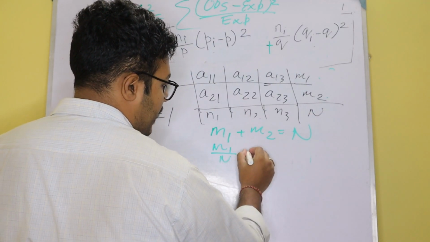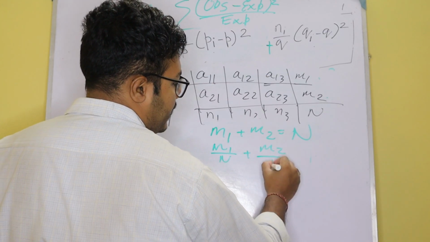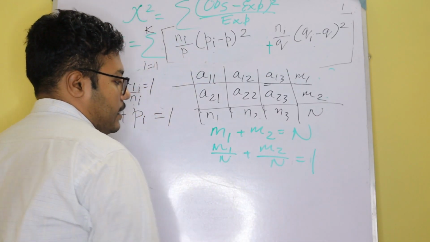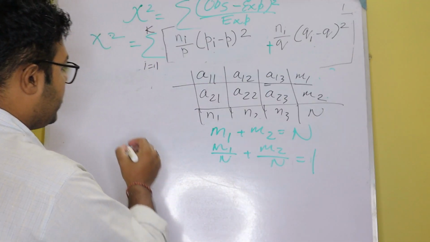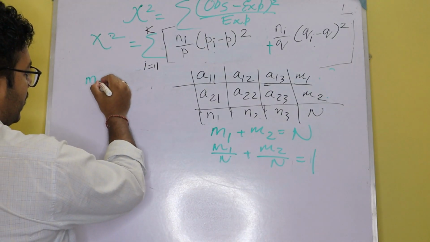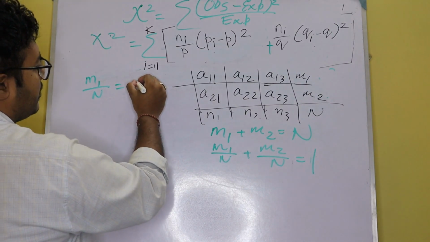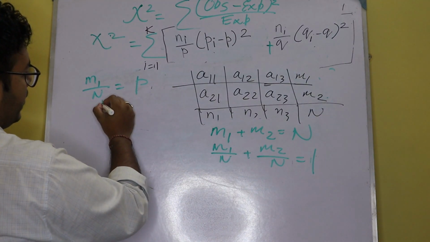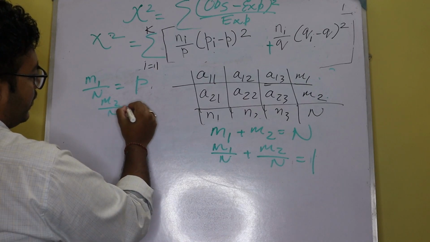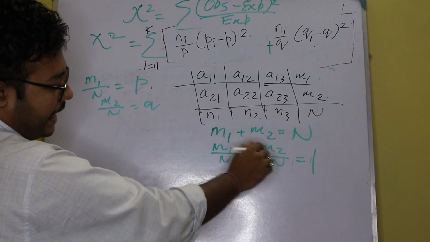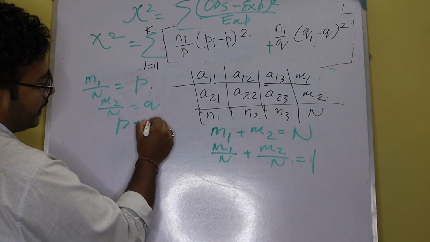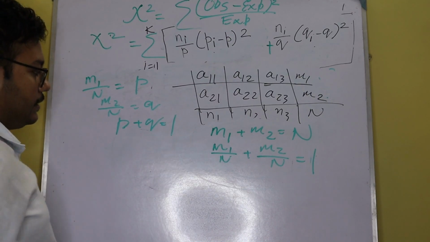M1 by N plus M2 by N is equal to 1. Now M1 by N means p, and M2 by N means q. So again we can see p plus q is equal to 1.